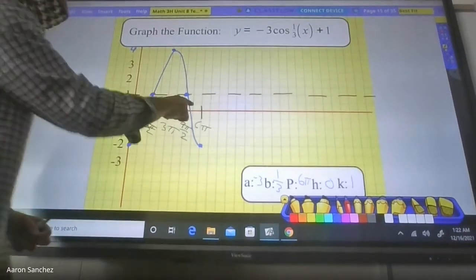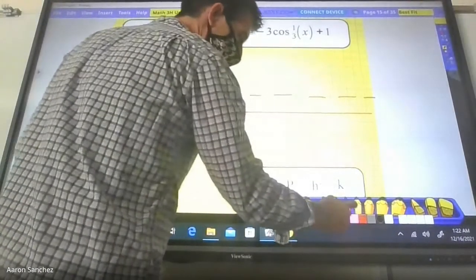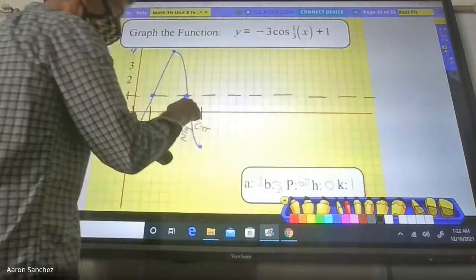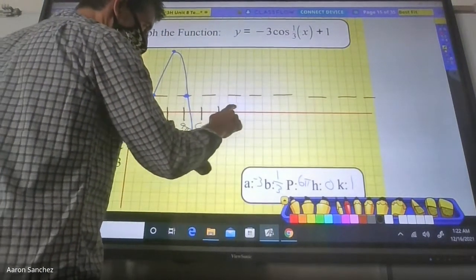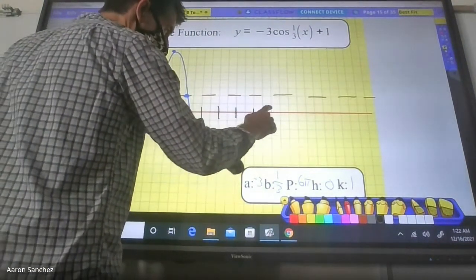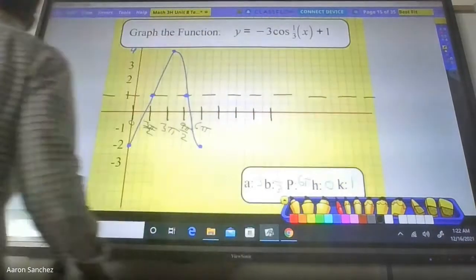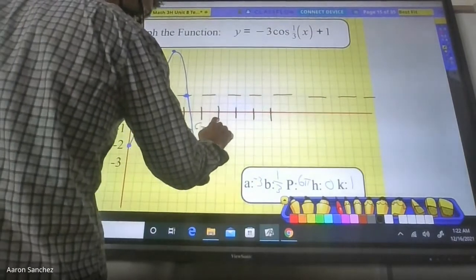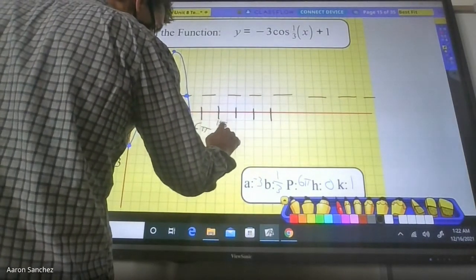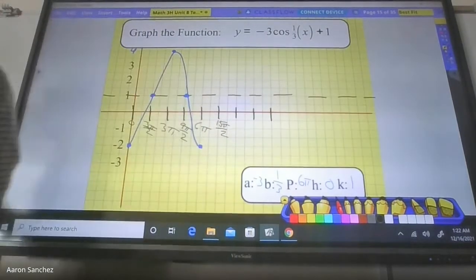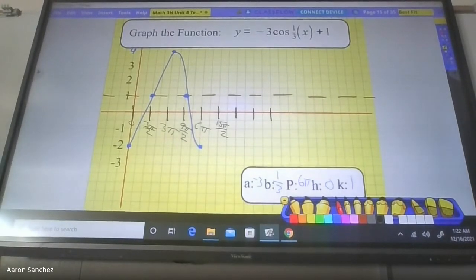So let's do my next 5 key points. 1, 2, 3, 4, 5. So my next one, according to this, is 15 pi over 2. Then I got to add 3 to this one, which is going to be what? 18 pi over 2. I can simplify that to what? 9 pi.